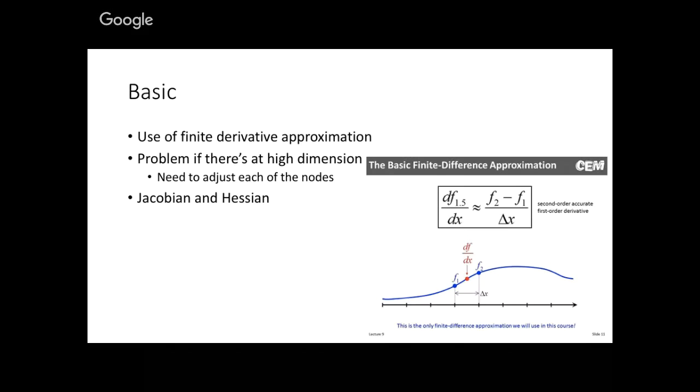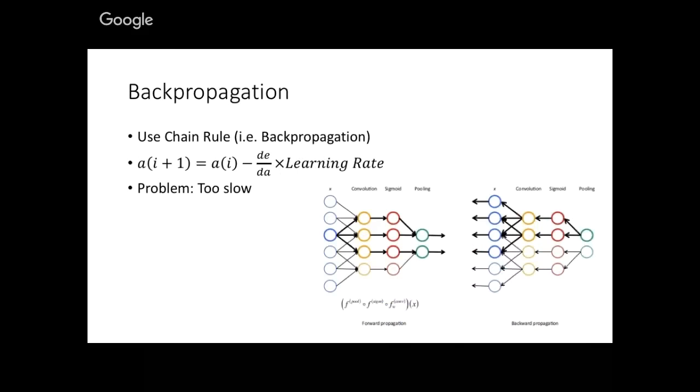So continue. Next he said the chain rule is actually preprocessing. Instead of using the approximation, you use the actual derivative of the equation.